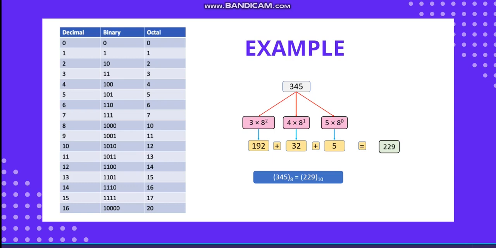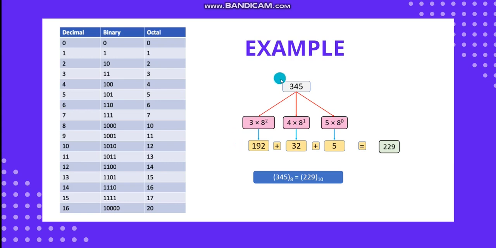In decimal, 2 is written as 2. In binary, 2 becomes 1 0, and in octal 2 is 2. So this is a table. You can take a screenshot or note it down. The value given is 345, and we have to convert it into a decimal number.